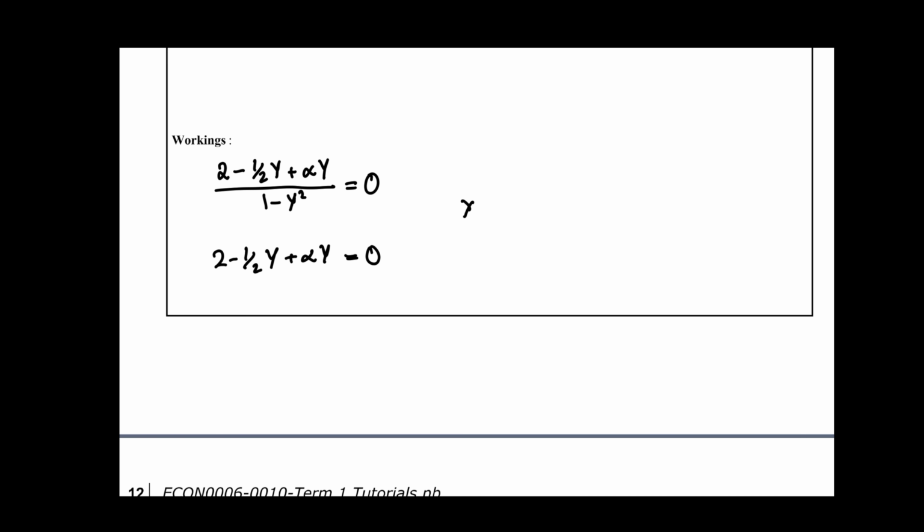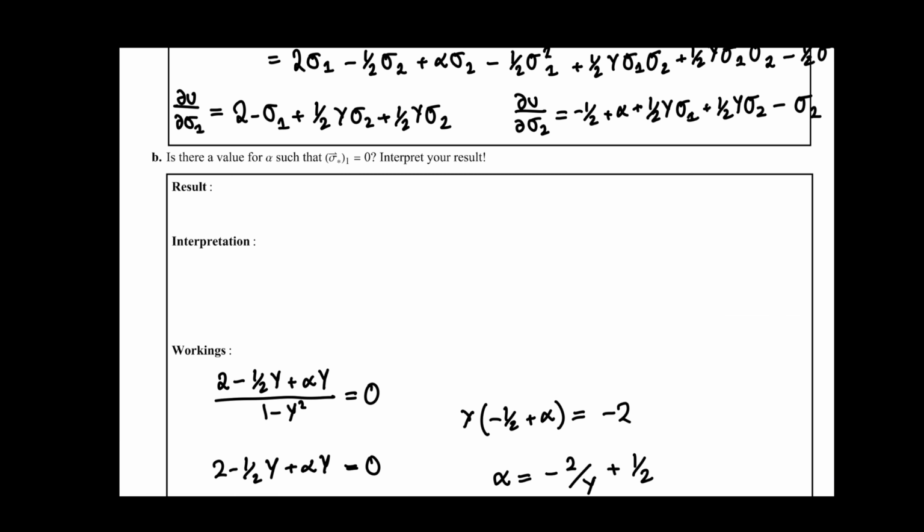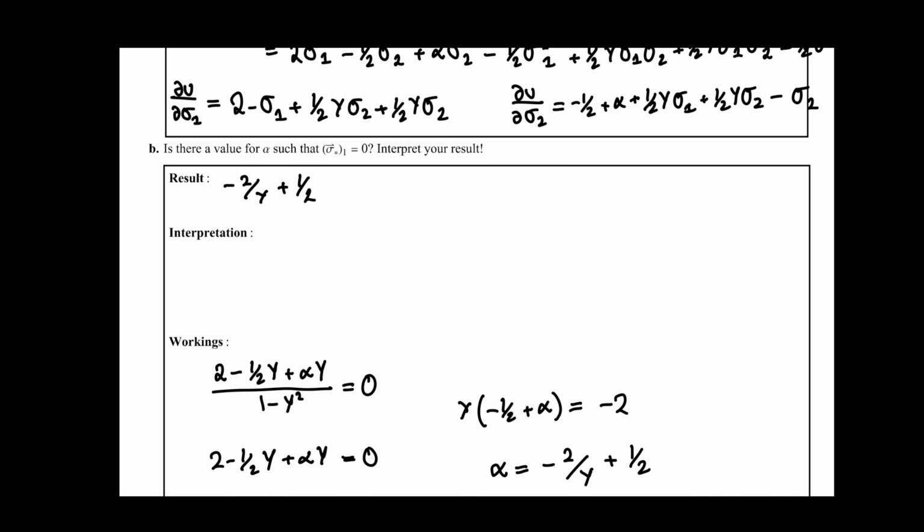And then we can write y times (minus a half plus alpha) is equal to minus 2. And then we get alpha is equal to minus 2 divided by y. And then we need to move the half to the other side, so we get plus a half. So the result would be alpha equals minus 2 over y plus a half.